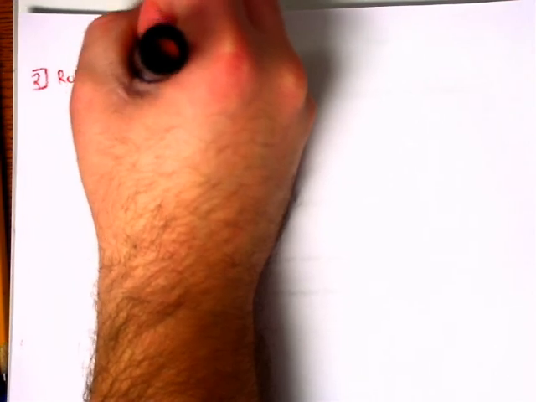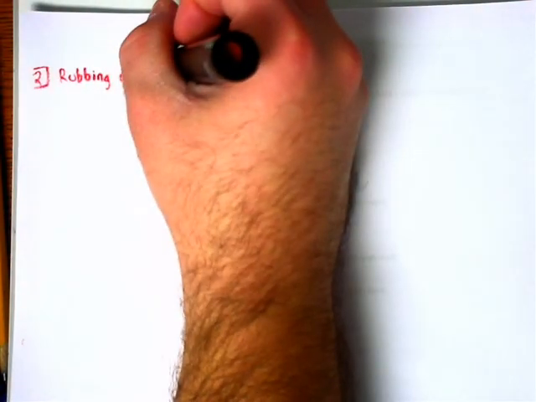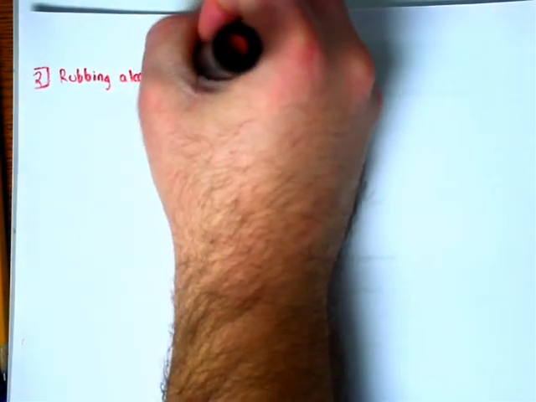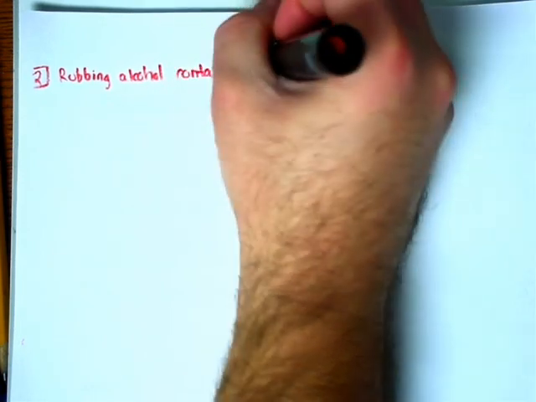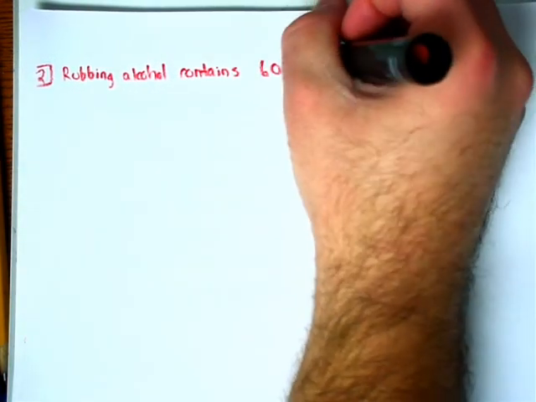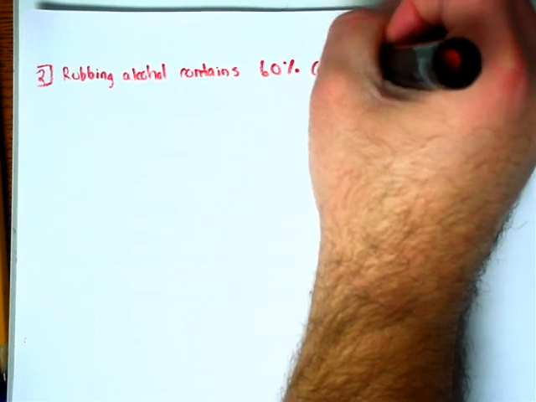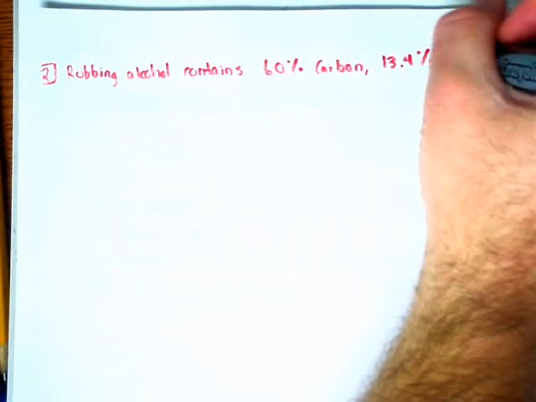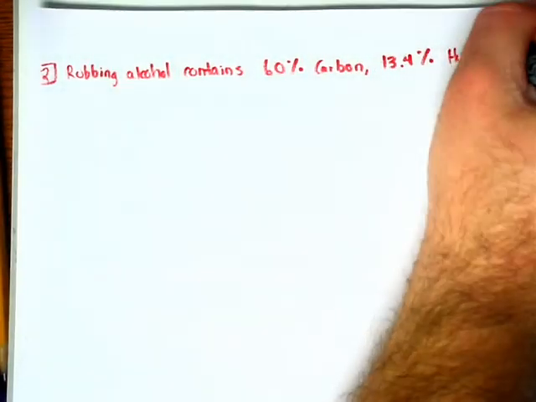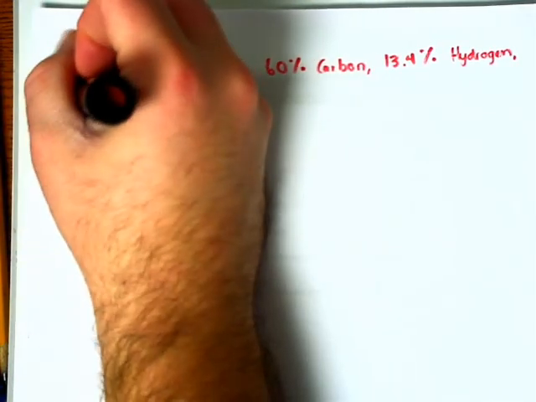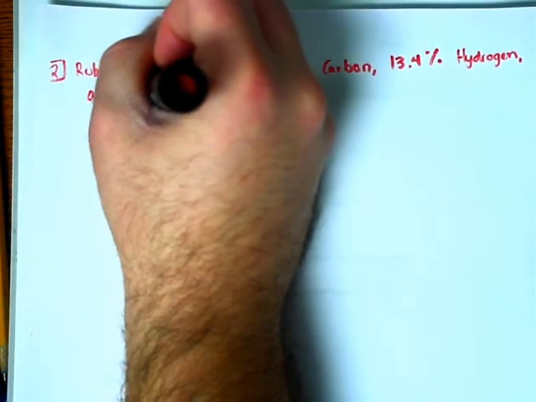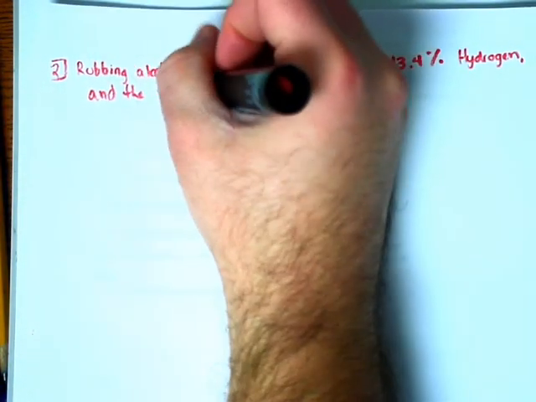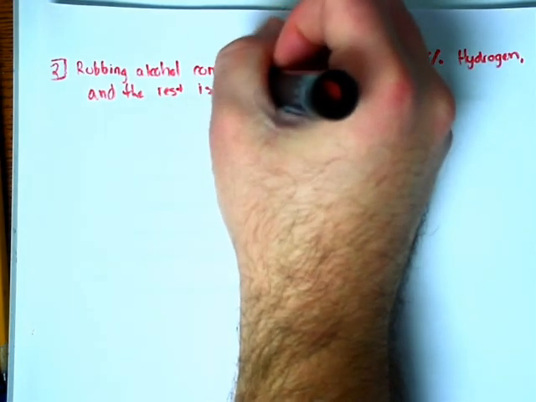Rubbing alcohol is listed to contain 60% carbon, 13.4% hydrogen, and the rest is oxygen.